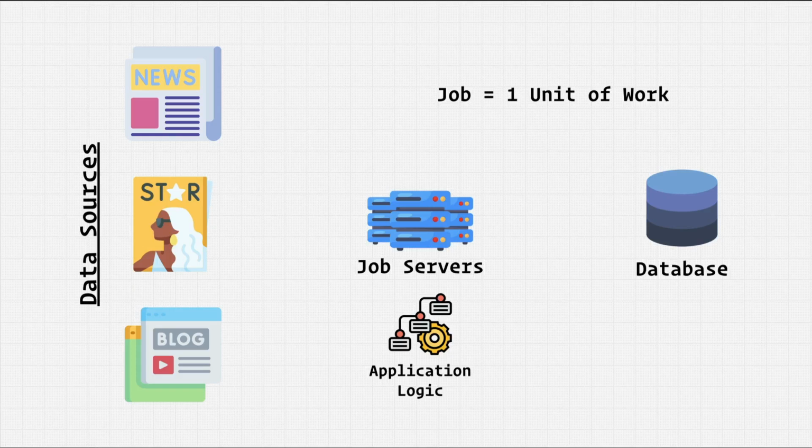A user might ask for their specific newsfeed posts, but in order for your application to have the latest posts that all your users might be able to query, that has to be work that is done in the background, independent of the user's interaction. And that you can easily put in the application logic or inside of your job servers.